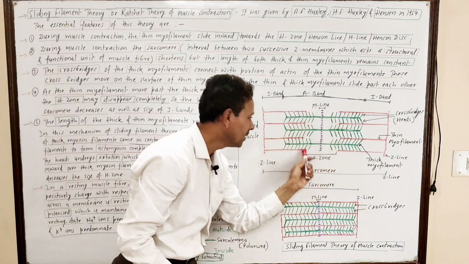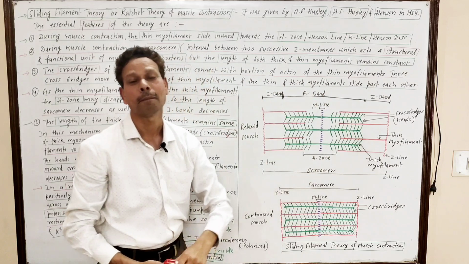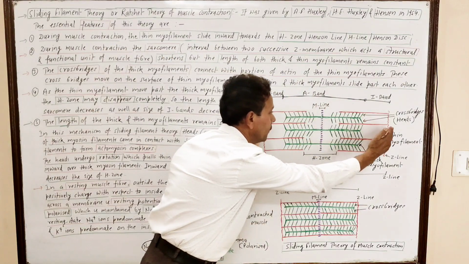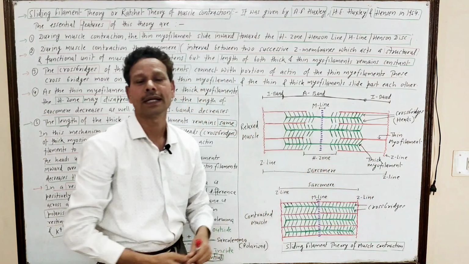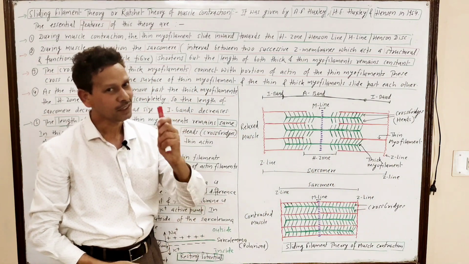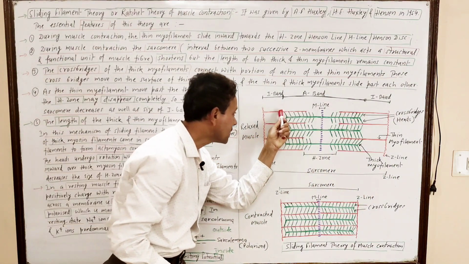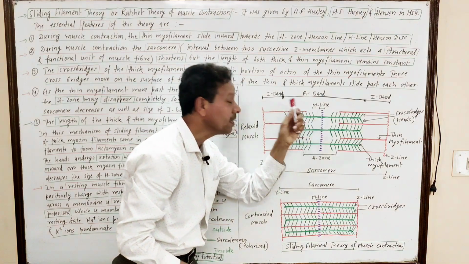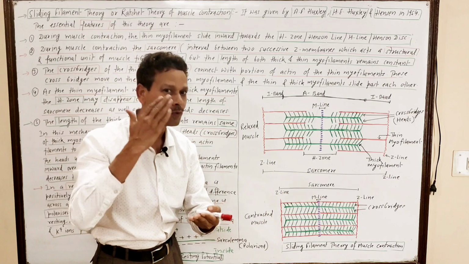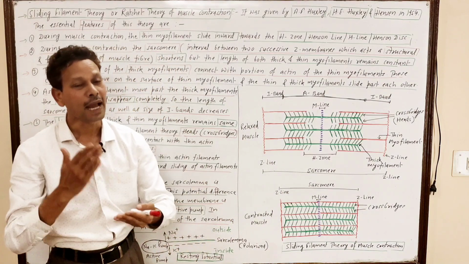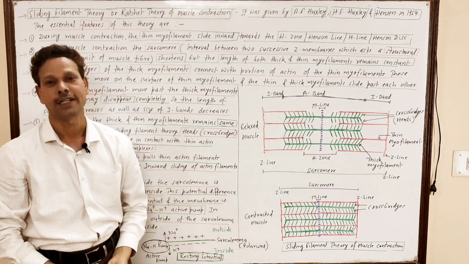The H zone may disappear completely, and the length of the sarcomere gets shortened. But the length of both the thin and thick myofilaments remains constant.